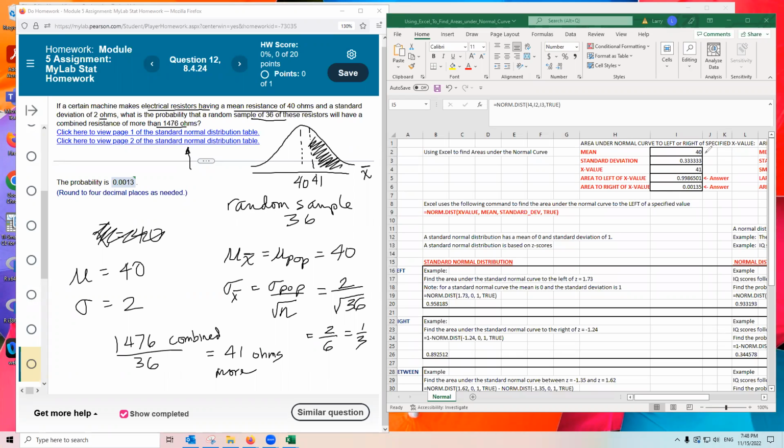I'm going to enter the mean of 40. The standard deviation is 1/3. I'm entering that as 0.3333. The x value is 41. We want to know the area to the right of this x value. Well, according to this calculator, it's 0.0013. So 0.0013 is the result on this.